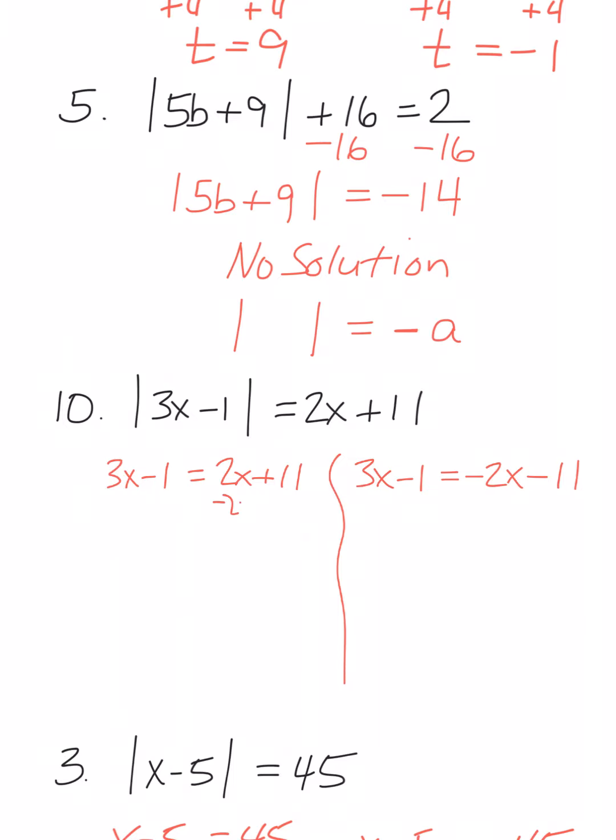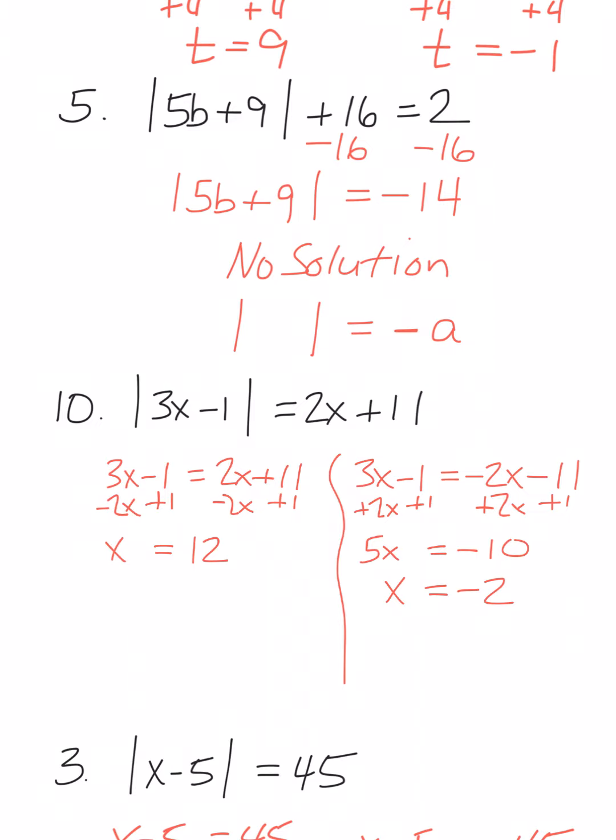So I could subtract 2x. I could add 1. And I'm going to get x to be 12. Over here I can add 2x. I'm going to add 1. Which is a negative 10, and x would be negative 2.